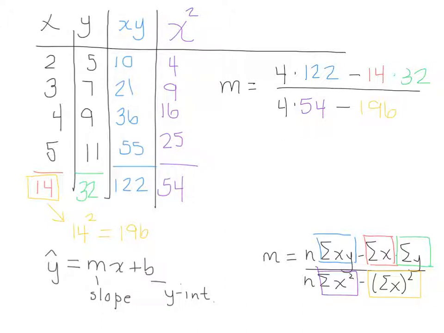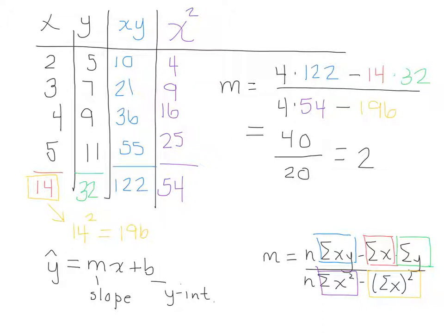So if I compute my numerator portion, 4 times 122 minus 14 times 32, my numerator portion comes out equal to 40.